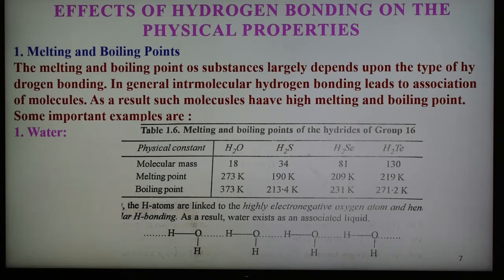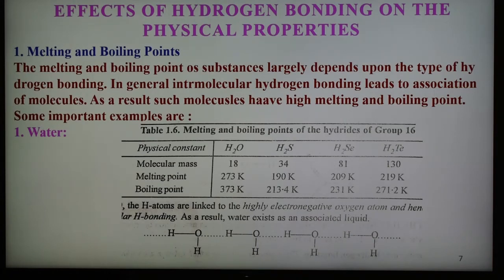Therefore, in order to boil water, in addition to the energy required for vaporization, a large amount of energy is needed to break these hydrogen bonds. On the other hand, since H2S does not form hydrogen bonds, no additional energy is required. This is the important reason. In other words, the energy required to boil water is greater than that of H2S.